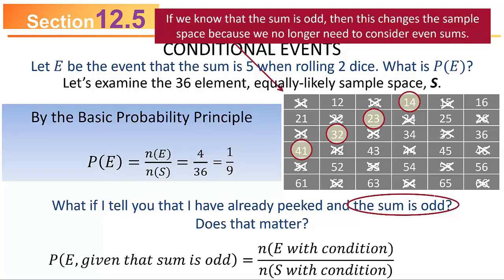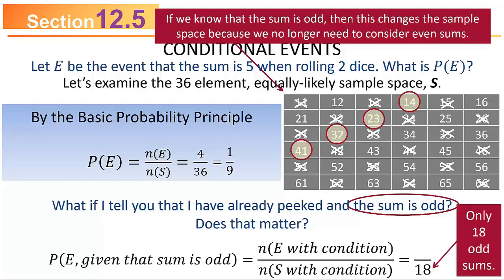So the probability of E, given that the sum is odd, is just the number of ways that E can happen with that new condition, in this case that the sum is odd, divided by how the sample space changes given that new condition. So you're still doing a count of the event E, and you're still doing a count of the sample space S, but you're taking into consideration that something has happened and you have more information than you had to start with. That's what I mean when I say with condition.